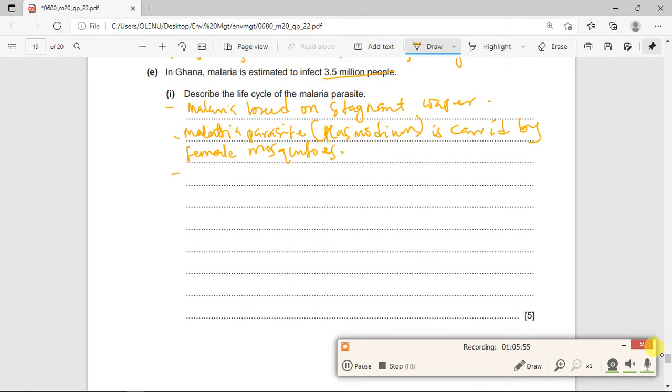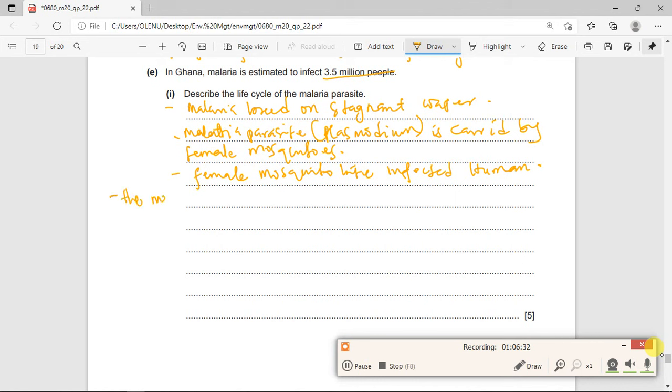Then what will happen is the female mosquito will bite an infected human. If it bites an infected human, the malaria parasite will enter the mosquito and reproduce in the mosquito.